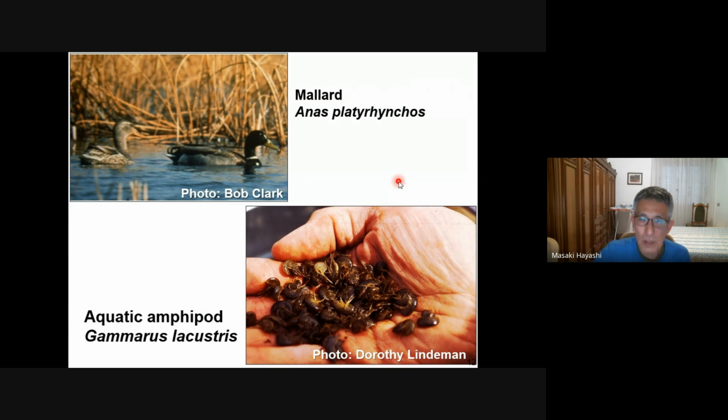These ponds are important because they host aquatic invertebrates. This is an example called Gammarus. It is rich in protein and fat, so it provides food for migratory waterfowl, such as ducks. These ducks don't stay in Canada in winter.